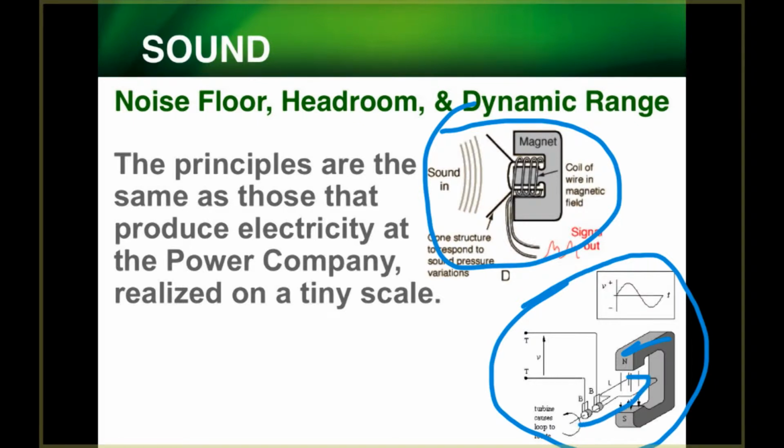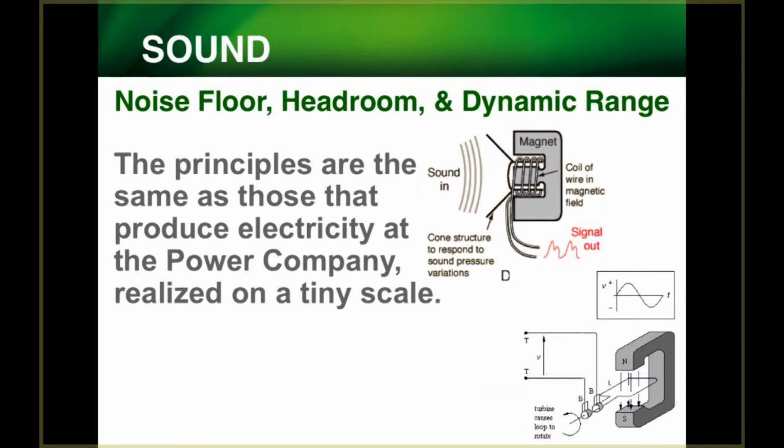So you essentially have a very mini power generator that's producing this signal. You see the signal here. The biggest difference between the two is that in a power generator, it's a constant current going out, while with a microphone, it's a varying current. It's changing.